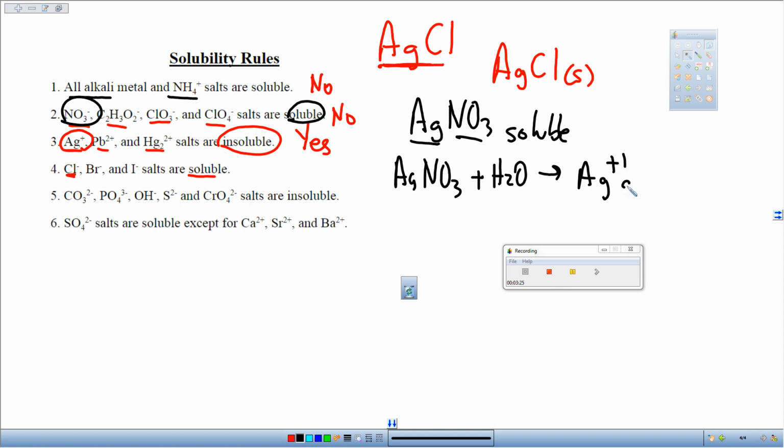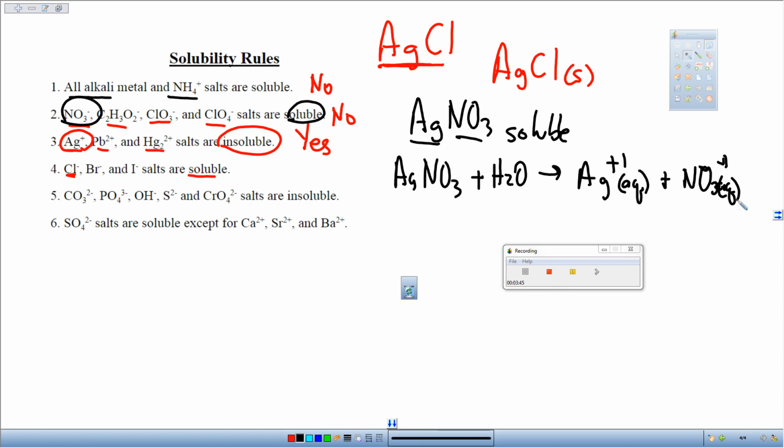They dissociate, and aqueous means it's surrounded by water, and these can move about, and it will look like a clear solution. So that's what we mean when things dissolve in water.